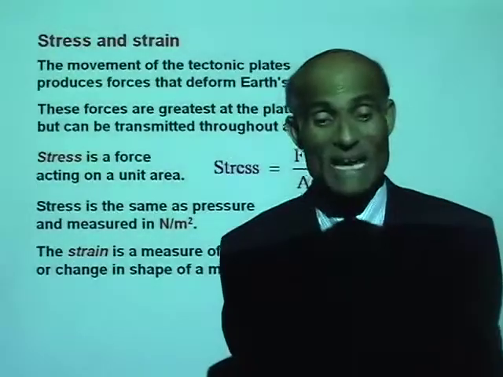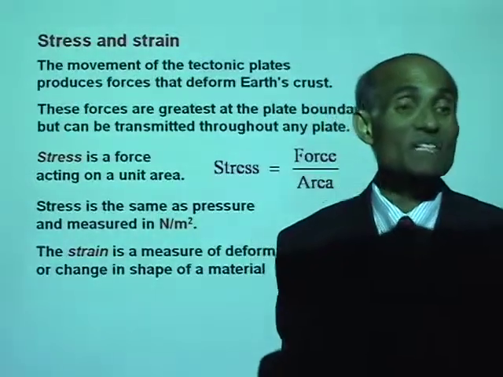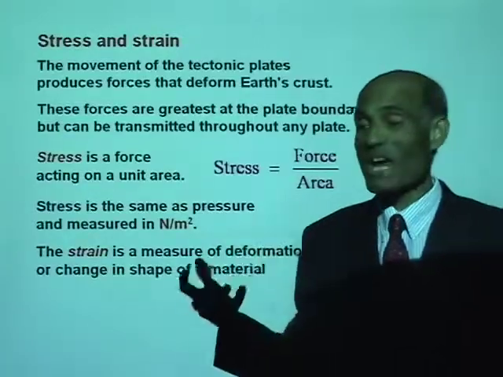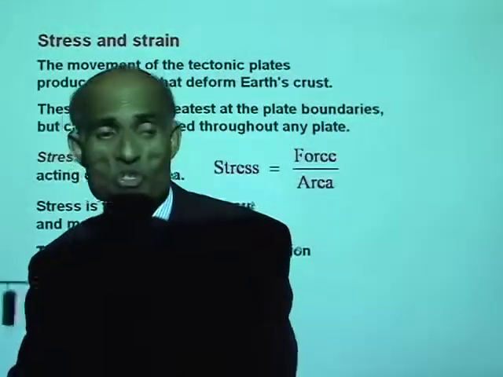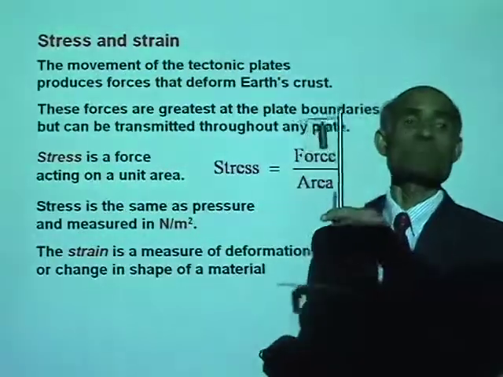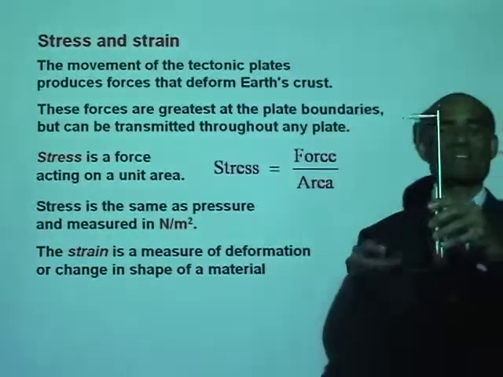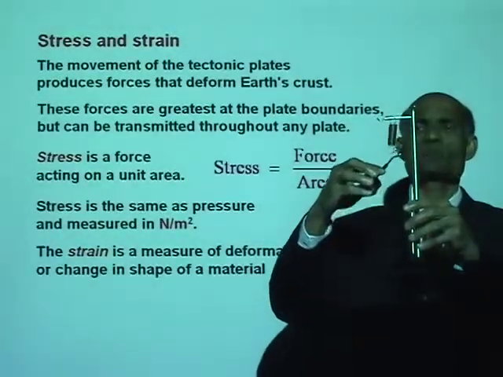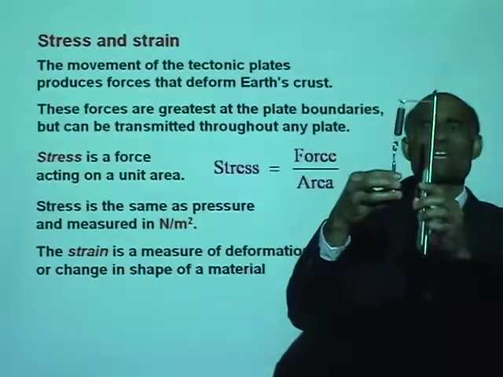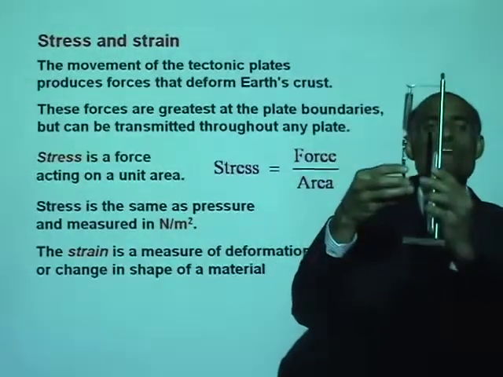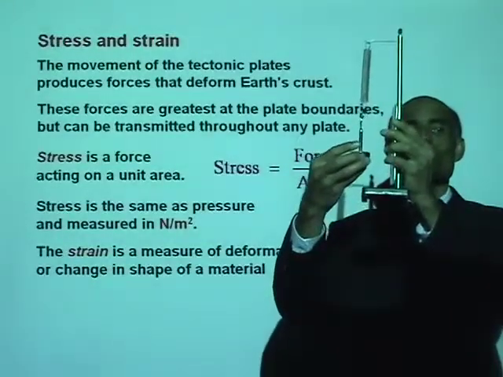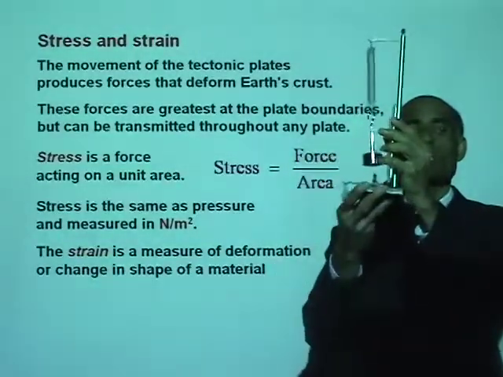Now what is strain then? Strain is a measure of the deformation or the change in shape. Now watch, when this spring is subjected to a stress, when I pull the spring by hanging this mass, you can see the weight of this mass is going to apply a force on the spring, and the spring is pulled.